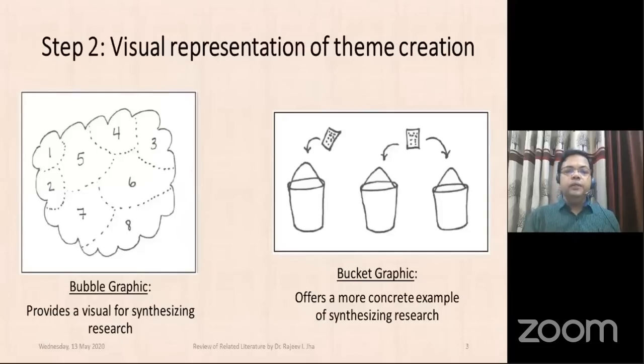Step 2 is visual representation of theme creation. This big bubble is a visual representation of all of the relevant literature on your topic. Anything and everything, including research on the topic itself, or even maybe a theory that is somehow connected. The size of the bubble is determined by your topic.